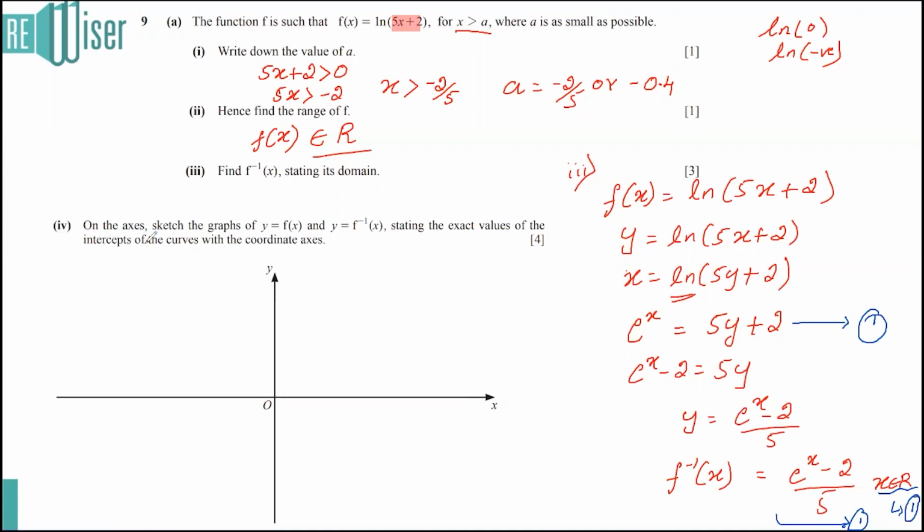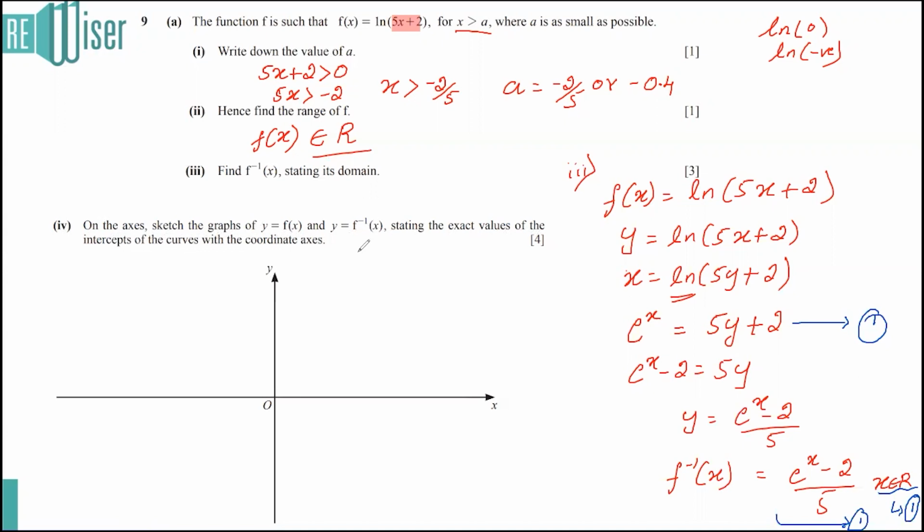Now for the next part, on the axes, sketch the graph y equals f of x and its inverse. State the exact values of the intercepts of the curve with the coordinate axes. So we need to find all the intercepts.